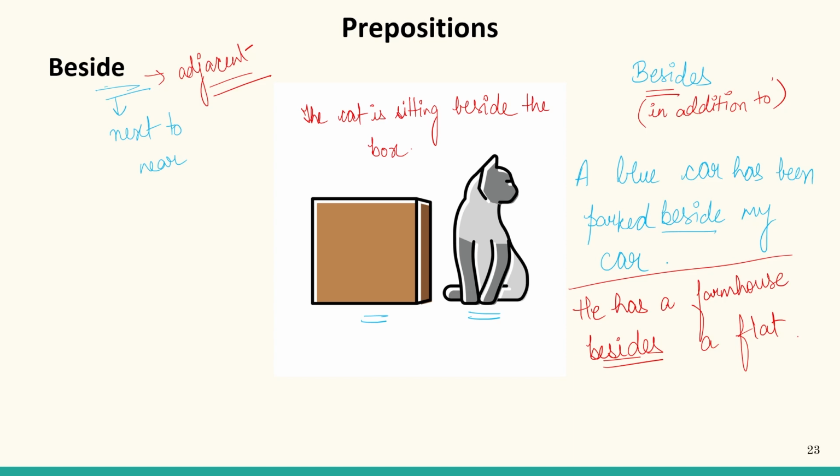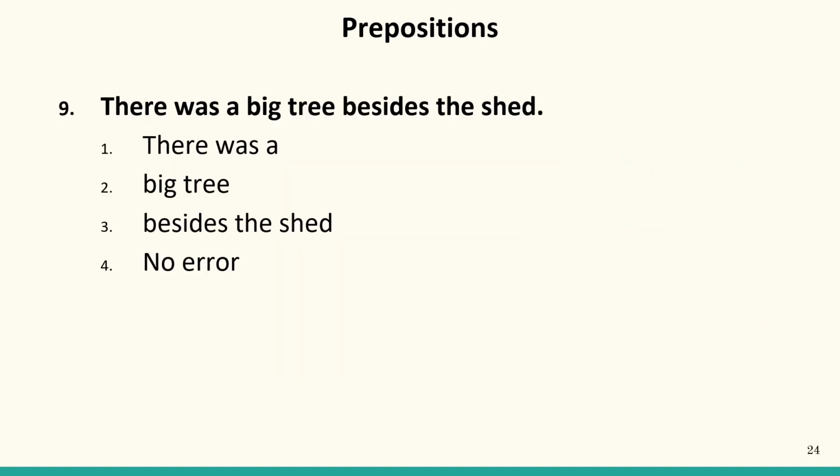Now the next, let us again do some sentences related to this: there was a big tree besides the shed. Now it is written that there was a big tree besides the shed. There must be a shed. A shed is actually where cows live. Now here it is written besides. So there must be a shed like this, a tin shed or something, and a tree is beside it.